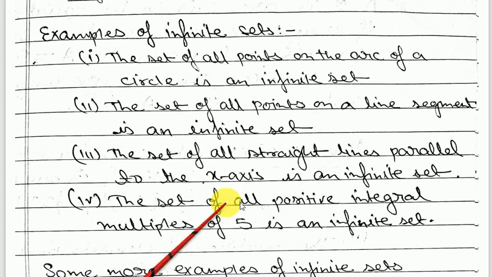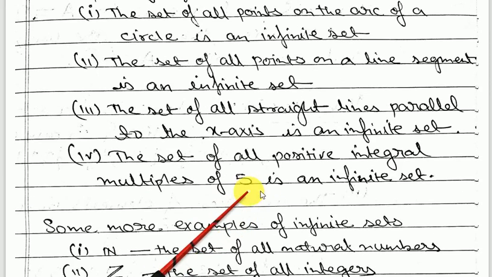The set of all positive integral multiples of 5 is an infinite set. You can go on like this, 5 into 1, 5 into 2, 5 into 3, and so on with the positive integers, and in the same way you can go on with 5 into minus 1, 5 into minus 2, and so on. So your counting will never end. So this is an infinite set.